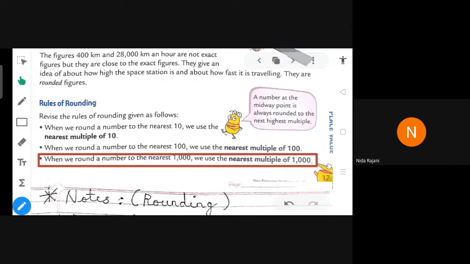Round to the nearest 1,000. Yes, that is our question number 3. So here we will use the nearest multiple of 1,000 only.